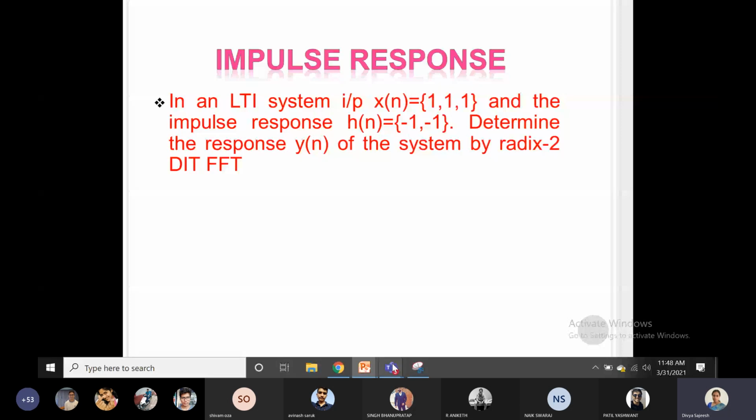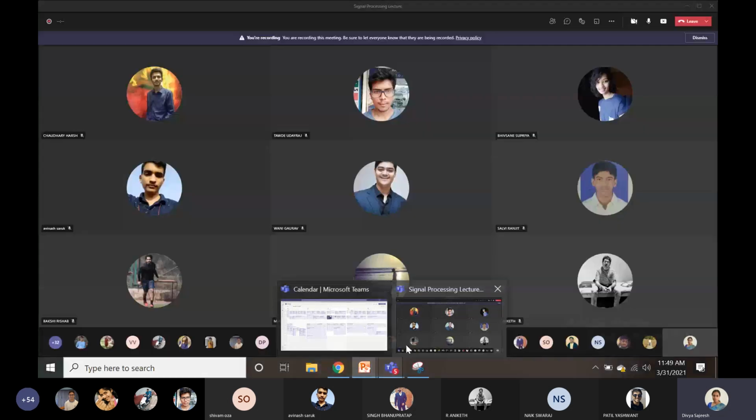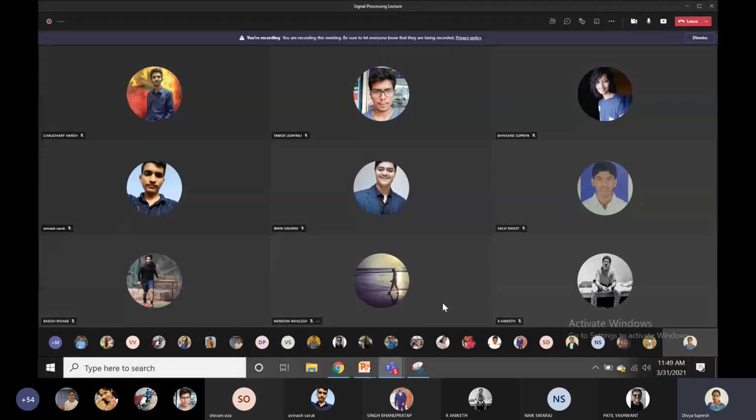Okay, so we have to obtain the response using the DFT method. We know that circular convolution of x of n and h of n, or of h of n and x of n, will give you the product of the DFTs, X of k and H of k.